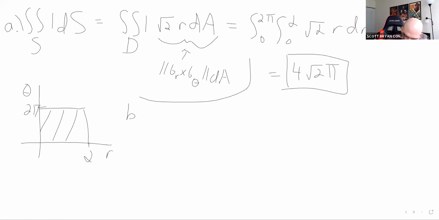And then for part B, it asks us to evaluate another surface integral, but we've already done almost all the work here. Now we just need to plug everything in and evaluate. So we needed to evaluate the integral of x squared z over the surface S with respect to surface area.